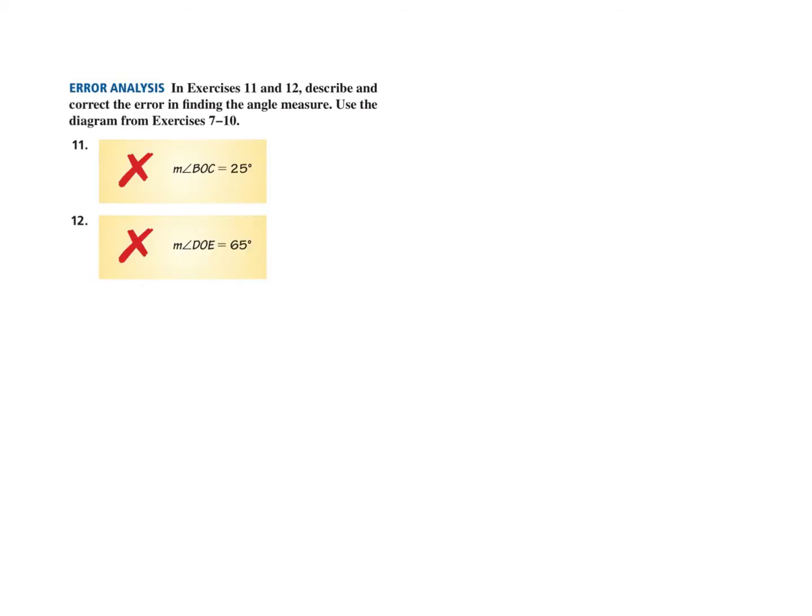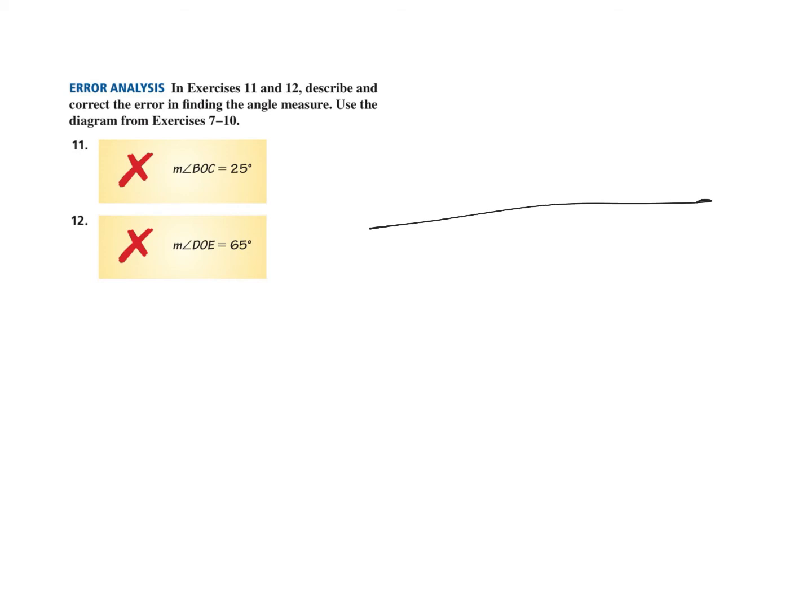All right, so what they did wrong, let's first see if we can figure out what to do correctly. Number 11, they said BOC is 25 degrees. So if we go back and look at the previous slide and look at BOC.